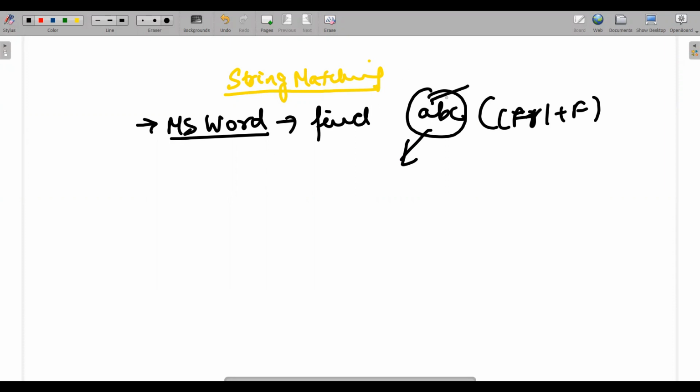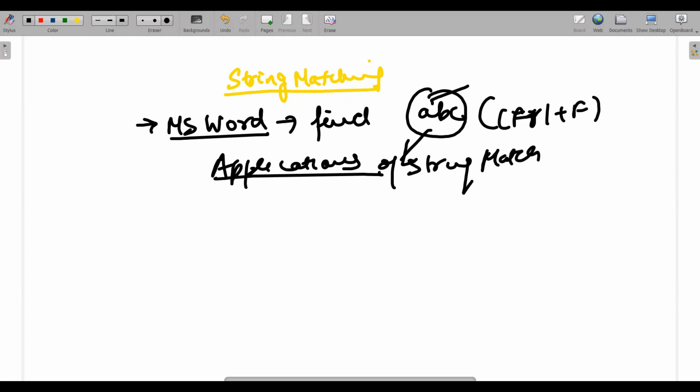Same applies with string matching algorithms. There are many parts of string matching algorithms. So basic applications of string matching, the best example is the Google search engine.